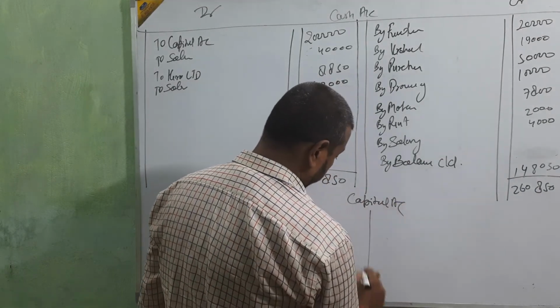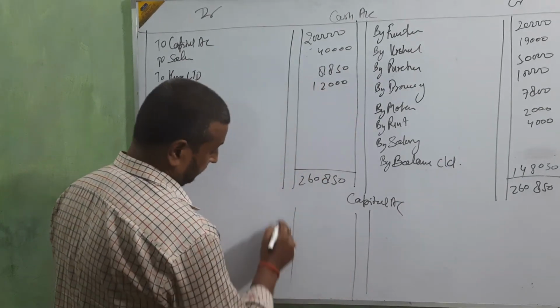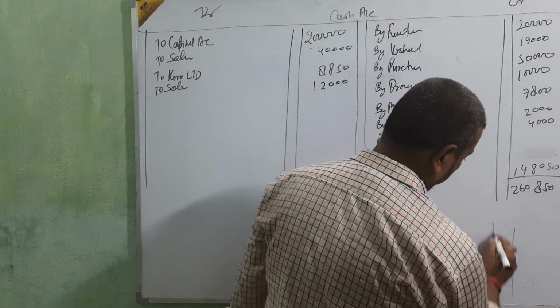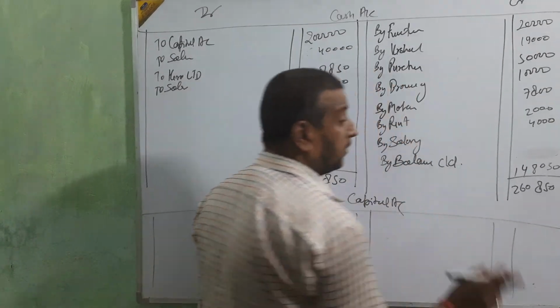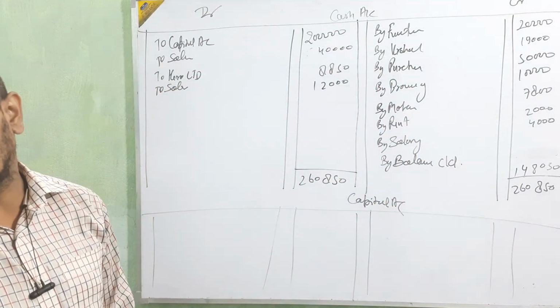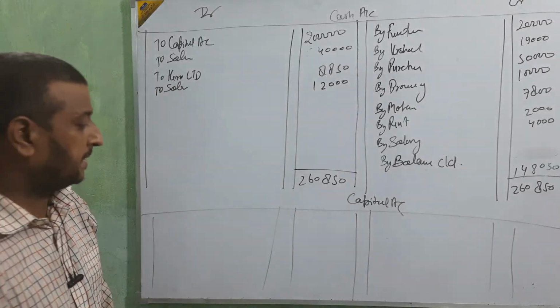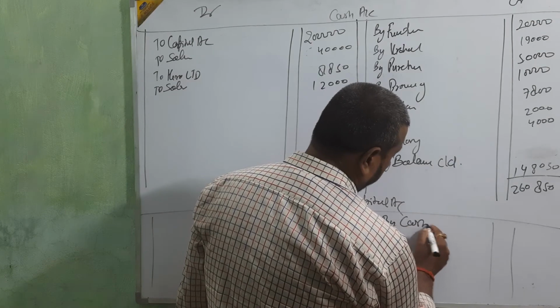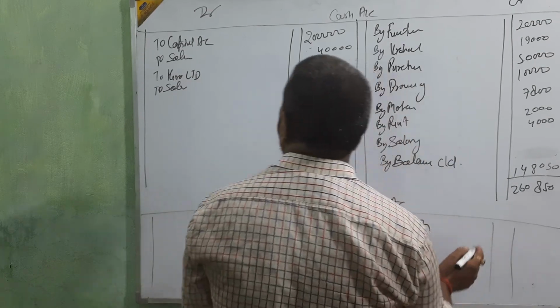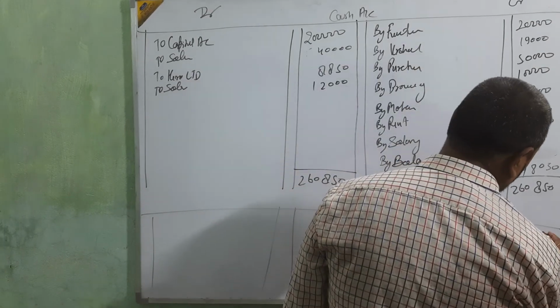Just see how to make the capital account also. Actually there is only one entry for the capital, the first entry in your book. Cash account debit to capital. Then capital is credit, so cash will be debit and capital will be credit to cash. The amount is 2 lakh, I think.